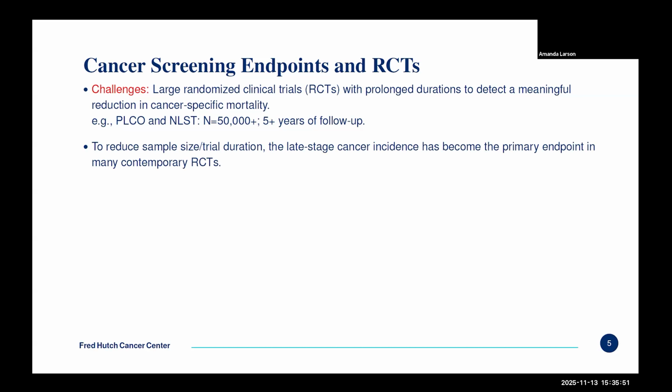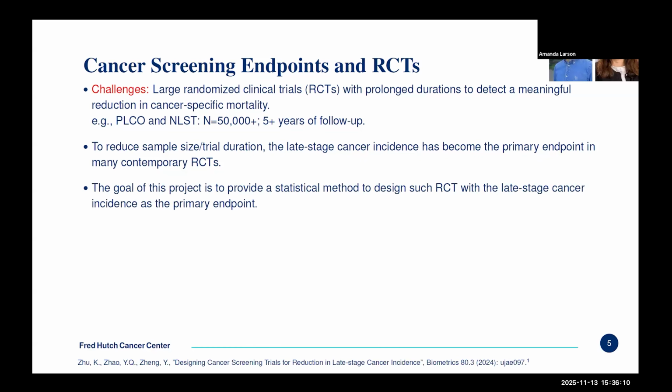But to see that type of impact, it will require even longer follow-up. So recently, people have been interested in looking at late-stage cancer incidence as more of an intermediate endpoint before mortality. Our goal here is to provide a statistical method to design the trial with late-stage cancer incidence as the primary endpoint.